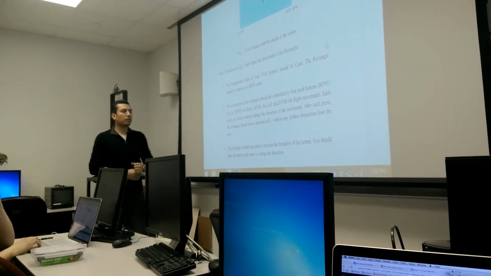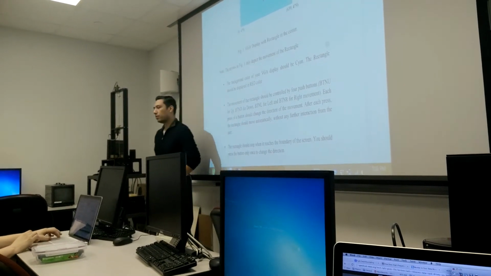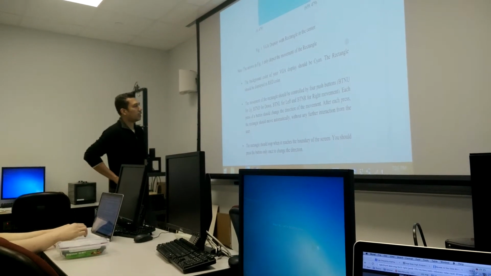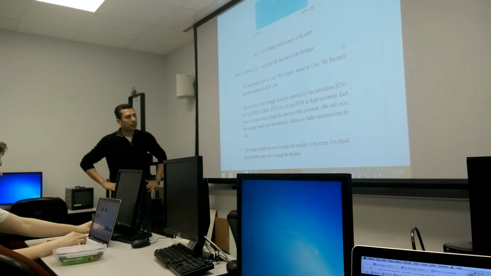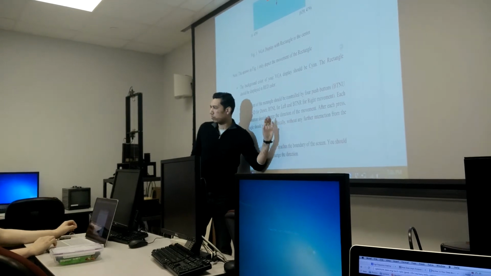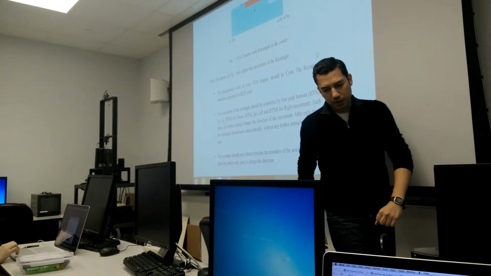You should press the button only once to change the direction. So this is going to be an in-class exercise. You pretty much have the time for this lab to do it, and I'll check the demo at the end of the class.